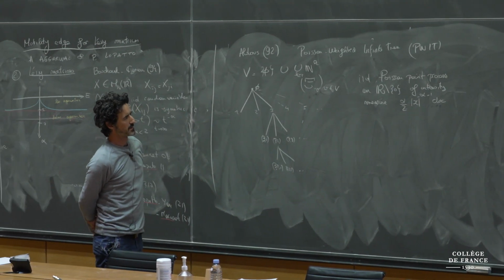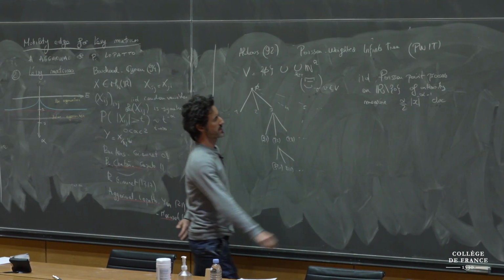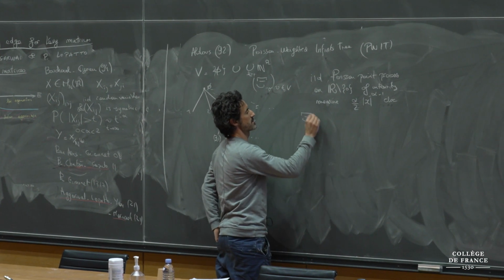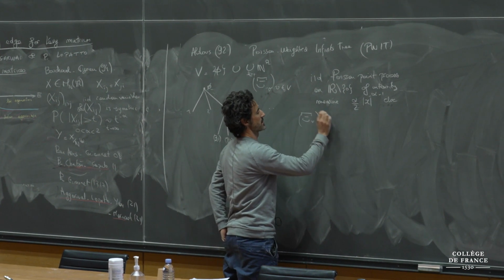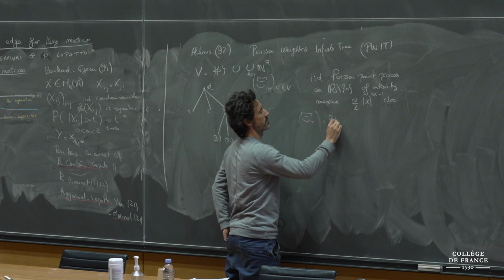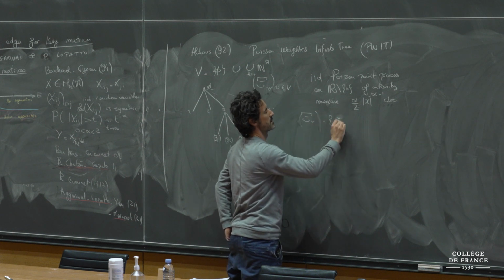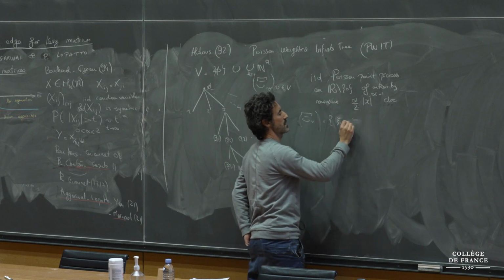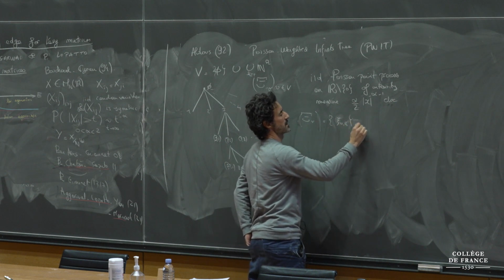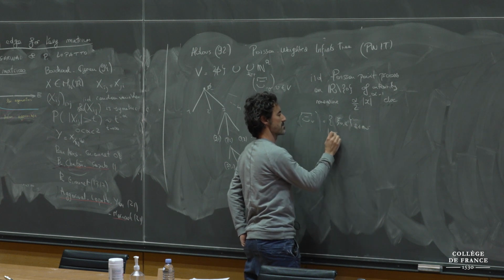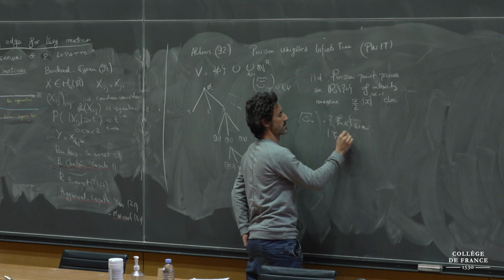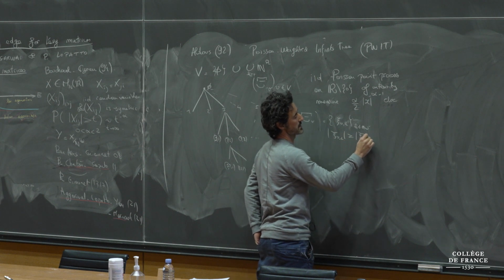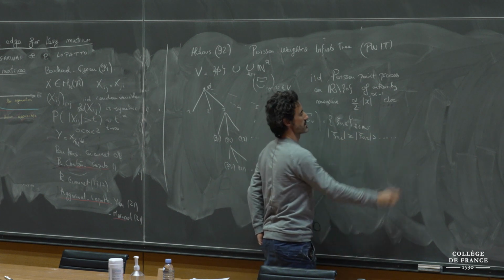Okay? So for each V, psi_V, you can see that as a collection of points, psi_V1, ..., psi_Vk, k an integer. I will order them so that the absolute value of psi_V1 is larger than the absolute value of psi_V2, and so on.